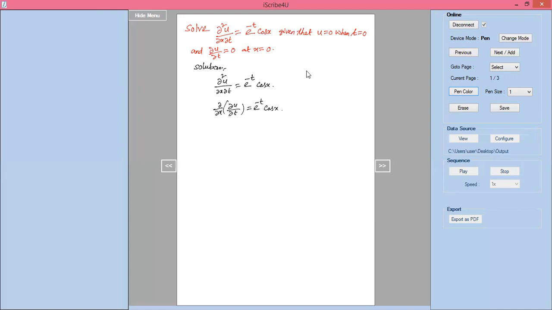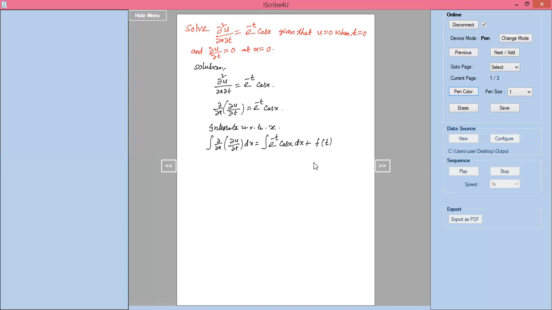Now integrate this with respect to x first. Integrating ∂/∂x of (∂u/∂t) dx equals the integral of e^(-t) cos x dx plus an integration constant, which I write as f(t), because I'm integrating with respect to x and the other variable is t.